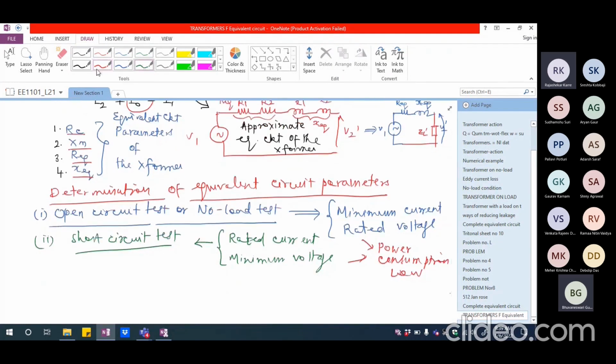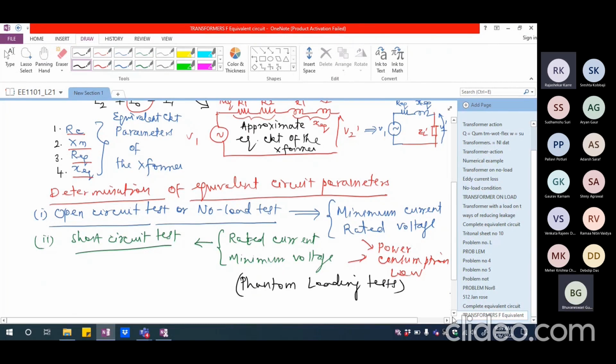That is the reason why we normally call these tests phantom loading tests. We are really not going to load the transformer actually, but it is creating a situation as though either the voltage is at rated value or the current is at rated value. So that is the way it is going to work normally.